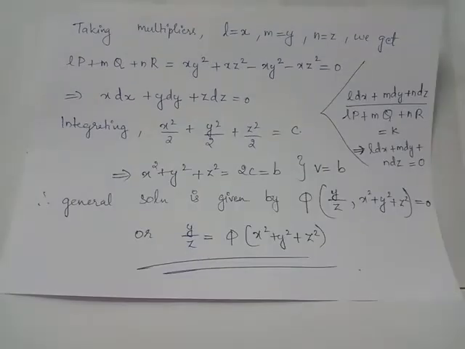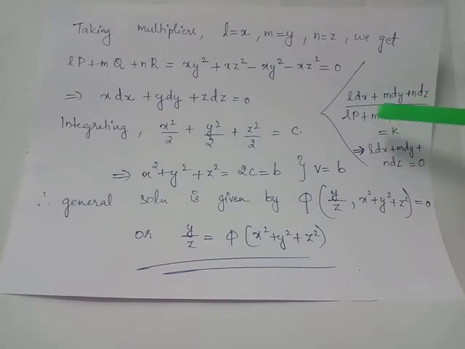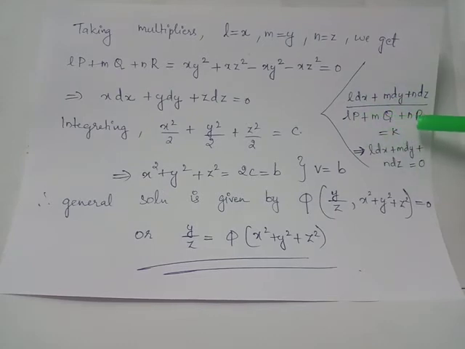Here we observed that when we took L dx plus M dy plus N dz and the corresponding multiplication and adding LP plus MQ plus NR in the denominator also, which when equated to a proportionality constant k, since the denominator vanishes, the denominator when multiplied by k also vanishes. Therefore we have L dx plus M dy plus N dz equals 0.